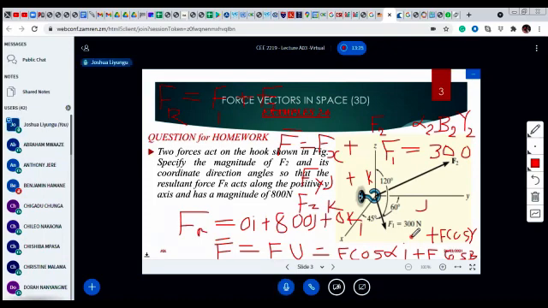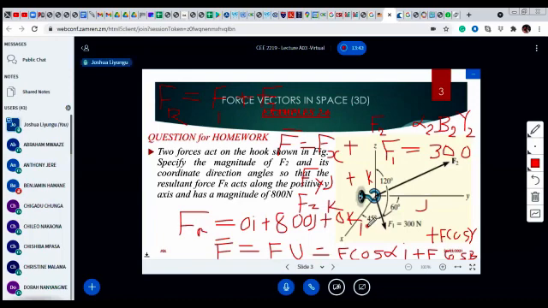Once you do that, you now apply your FR. We know what your FR is, which is 0i plus 800j plus 0k, and it is supposed to be equal to F1 plus F2. We have that equation, right?